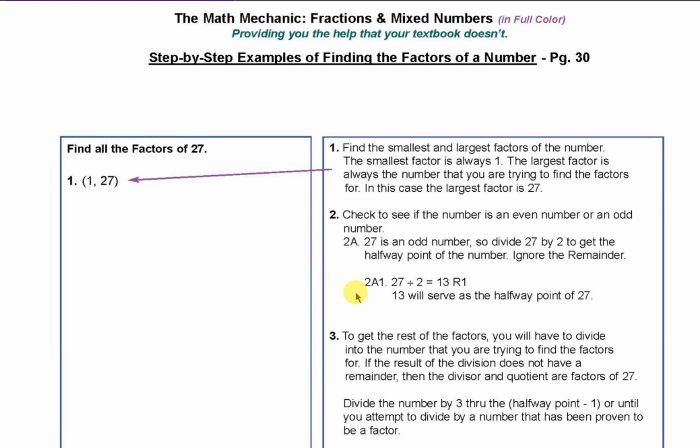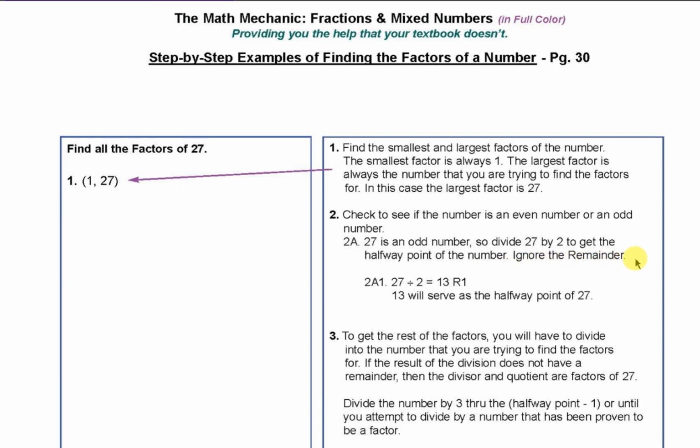Again, I will reiterate what I have just said. We checked to see if 27 is an odd or even number. 27 is an odd number, so we went to step 2A. We divided 27 by 2 to get the halfway point of the number. We ignore the remainder.